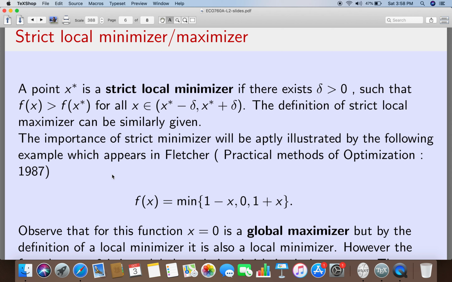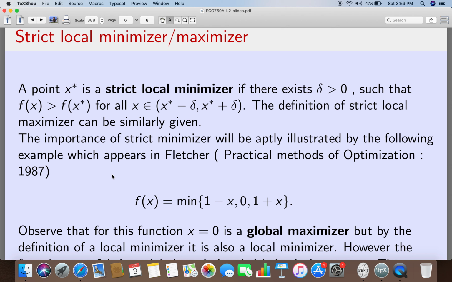It should be for all x in this neighborhood but not equal to x*. That has to be mentioned, which I had forgotten to mention, so kindly forgive me on this. It is actually mentioned in the final notes which will come to you.